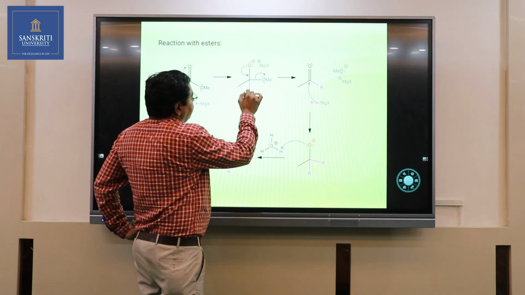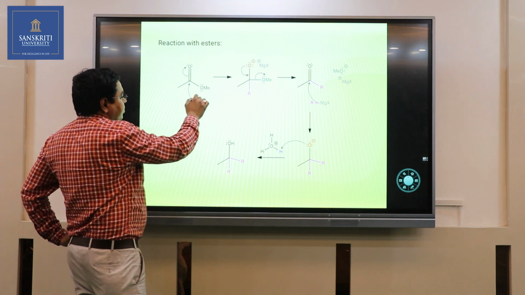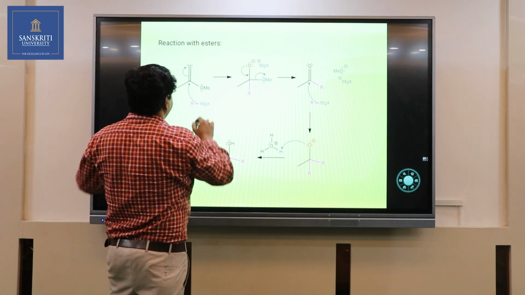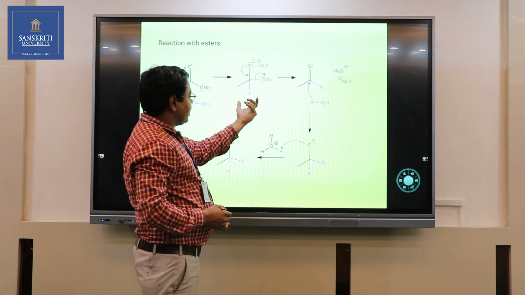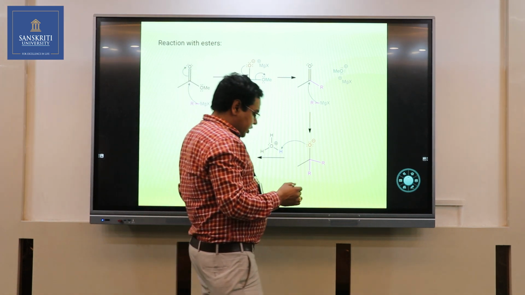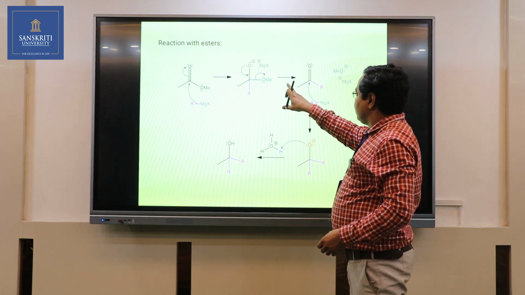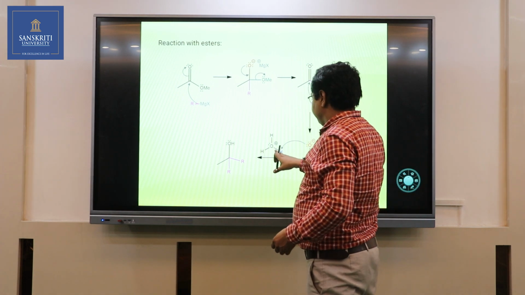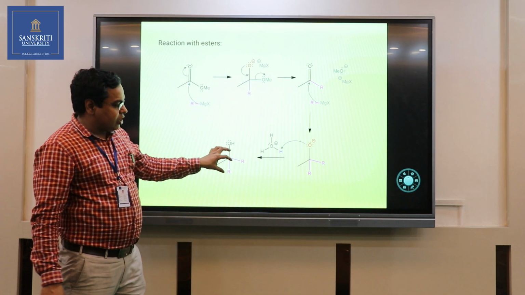After the reaction between the Grignard reagent and ester, we get an intermediate, an unstable compound. On hydrolysis, we finally get the tertiary alcohol.